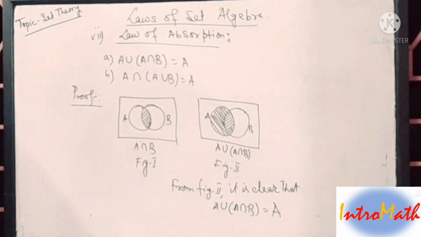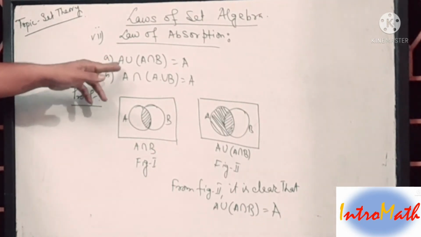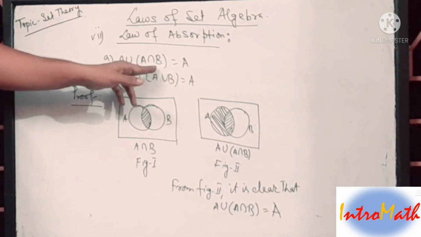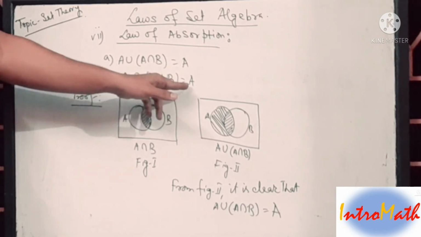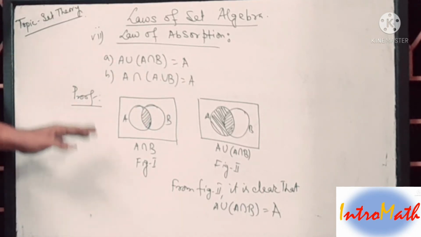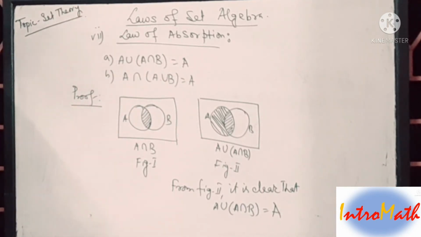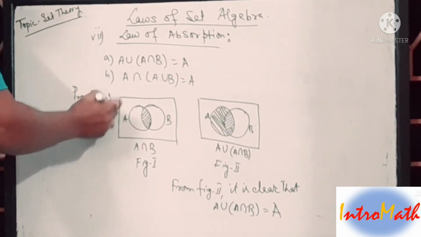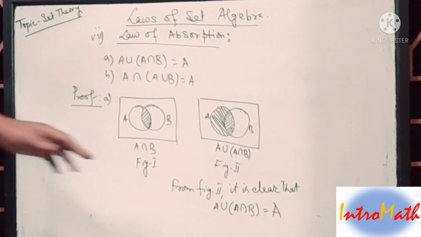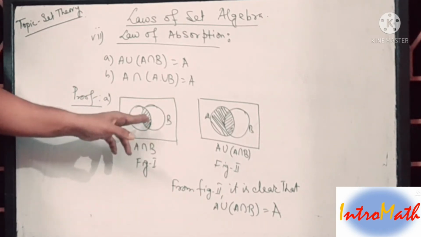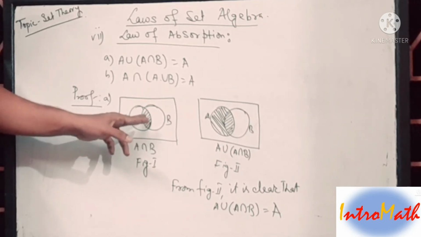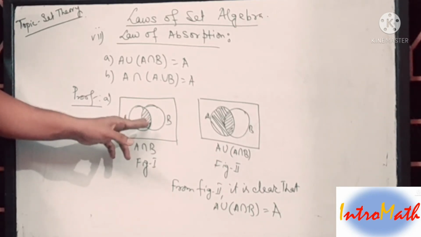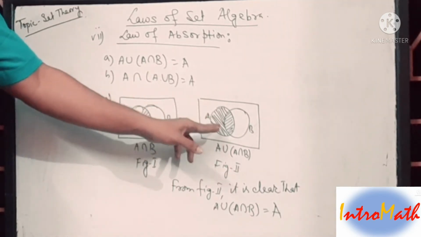The next one is the law of absorption. Here A union (A intersection B) is equal to A, and A intersection (A union B) is also equal to A. I'm proving the first one here. The second one is your homework. Here, look at this. A intersection B is this part. If we take the union of A with this part, then we will get this one.